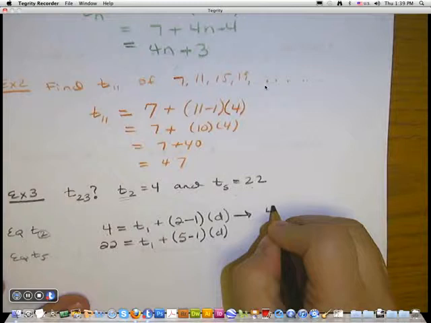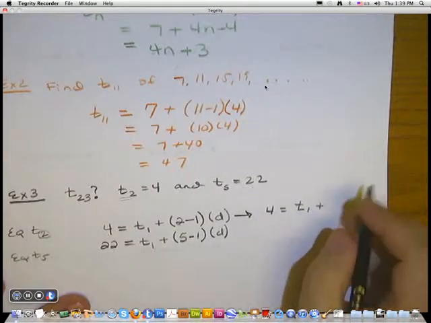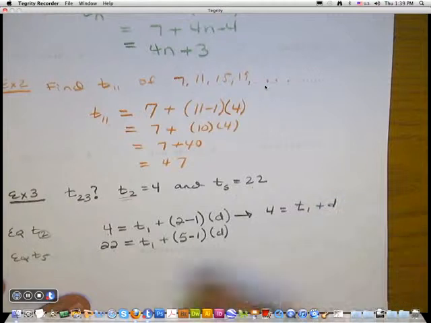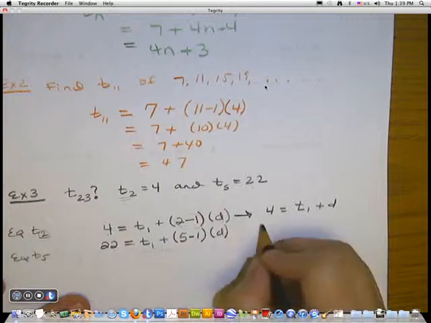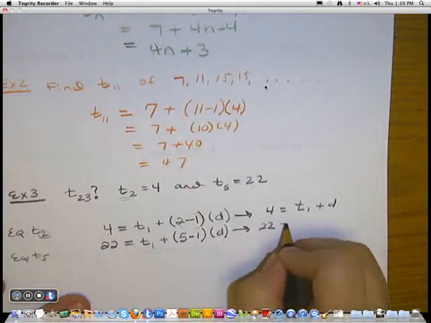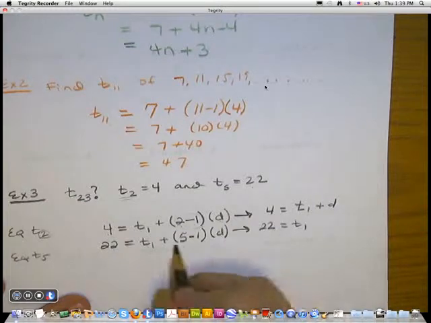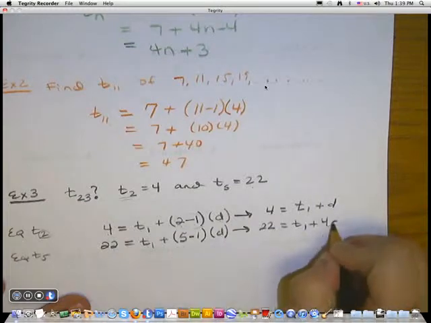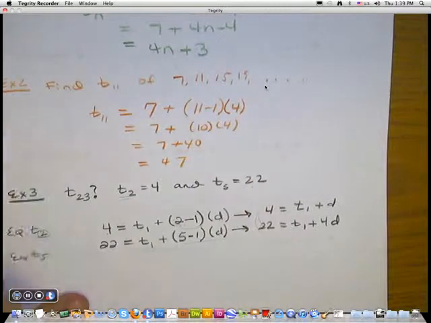So here, this gives me 4 is equal to T1 plus D, right? Because this is 1, so T1 plus 1D. This is 22, and this becomes T1 plus 4D. This is a system that goes back to chapter 3, where in order to get rid of a letter, we have to have opposite signs.